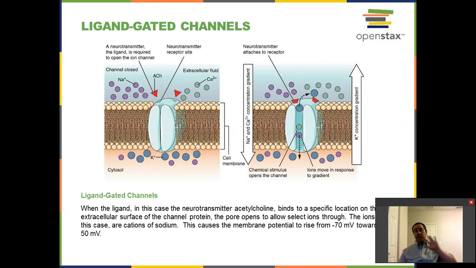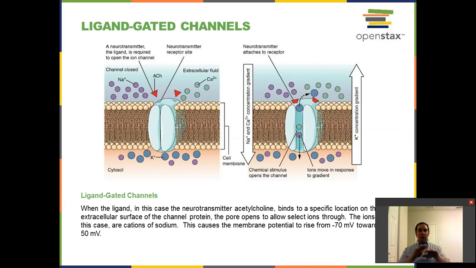Remember, we have a whole bunch of sodium on the outside of this cell that wants to get in. And we have a whole bunch of potassium on the inside that wants to go out. But neither one of them can because the channel is closed. As soon as we open that channel, the sodium is going to come rushing in as fast as it possibly can.